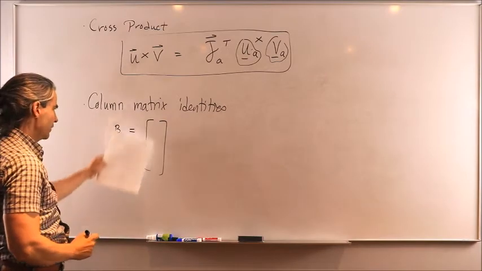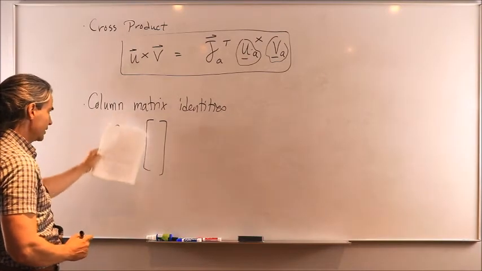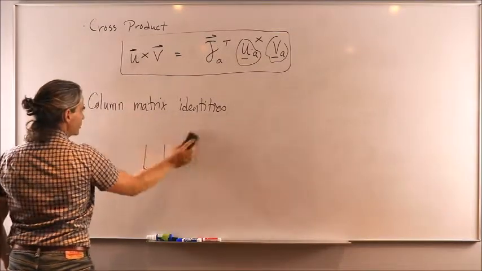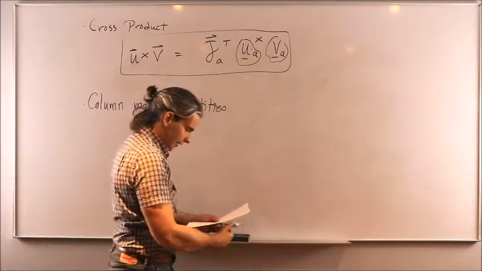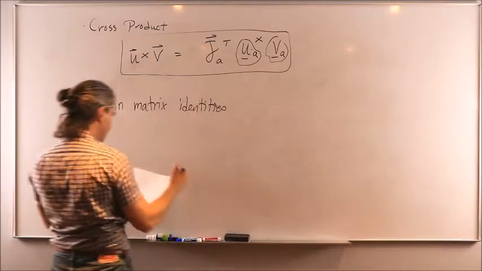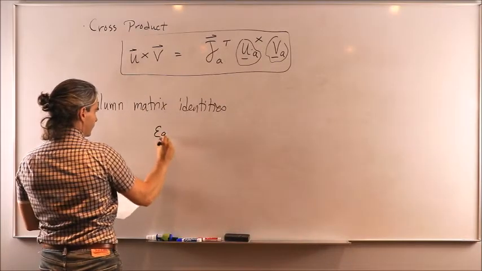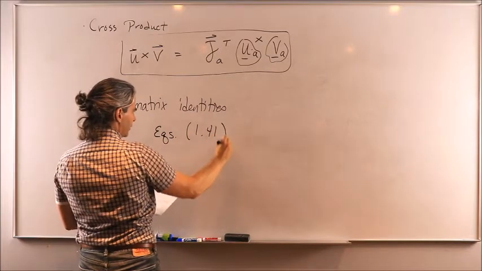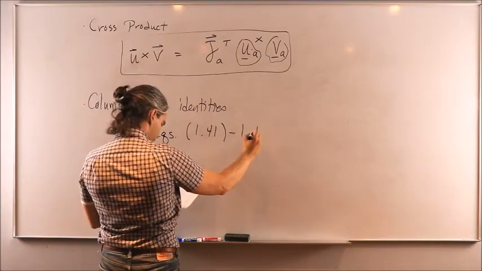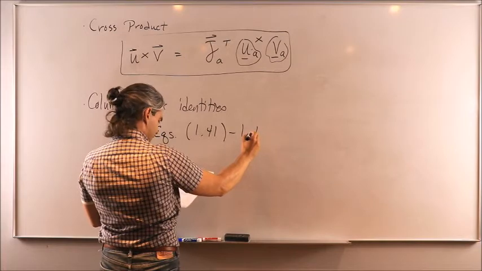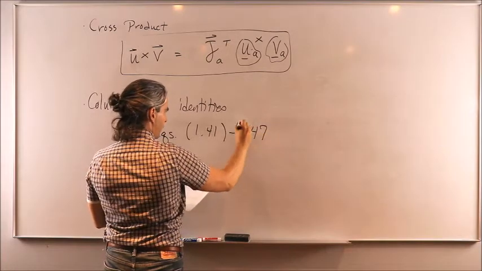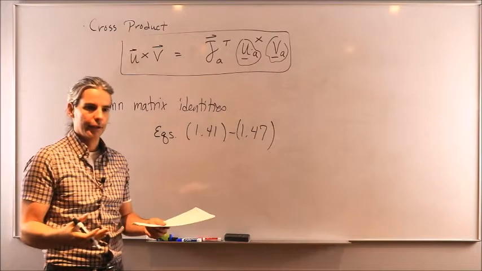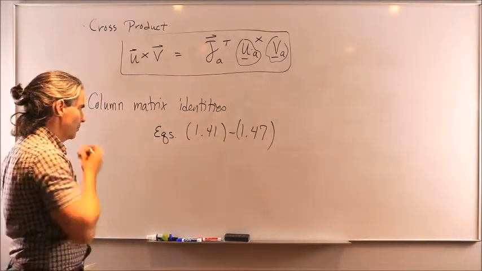So if you have a column matrix with one column and X number of entries, what you can do is use any of the identities that are listed in equations 1.41 to 1.47 to help you carry out the development of any equations you're playing with, okay?